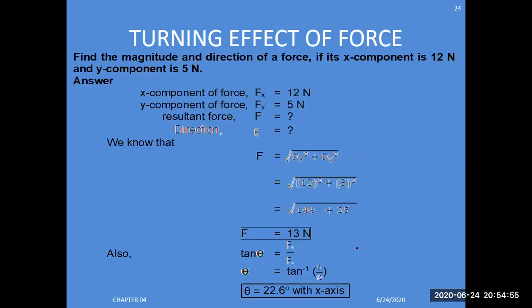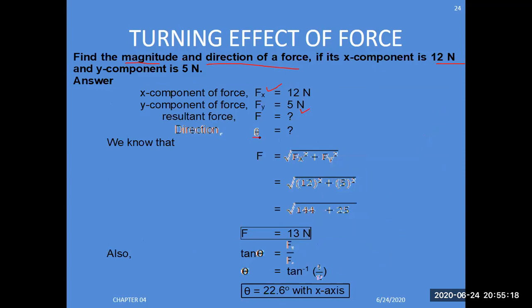If you look at the third one, again, find the magnitude and direction of the force. Two questions: magnitude and direction of the force, if its x component is 12 Newton, means Fx is 12 Newton, and y component is 5 Newton. How will you calculate?